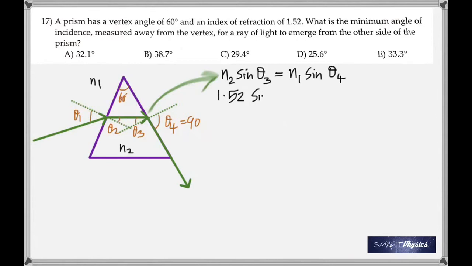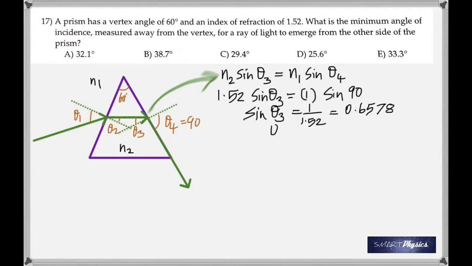We know N1 and N2, so you can find theta 3. So theta 3 is 41.14 degrees. Now theta 2 plus theta 3 is A, from which you can find theta 2.